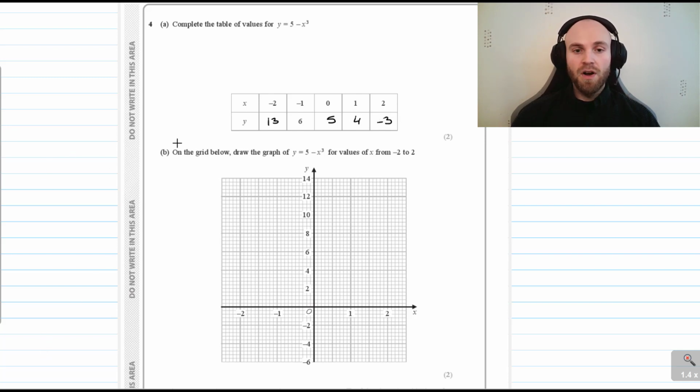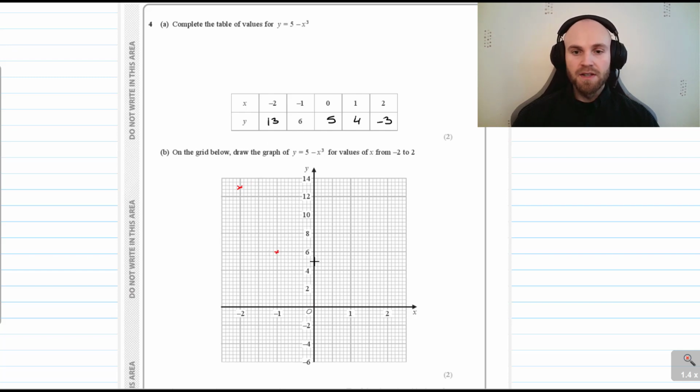Part B, on the grid below, draw the graph of y equals 5 minus x cubed for values of x from minus 2 to 2. So for the first value here, we have x equals minus 2, y equals 13. So we just find those values on the graph. The 13 will come in the middle of the 14 and the 12. x equals minus 1, y equals 6. We plot that point. x equals 0, y equals 5.